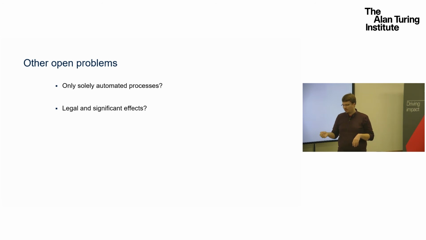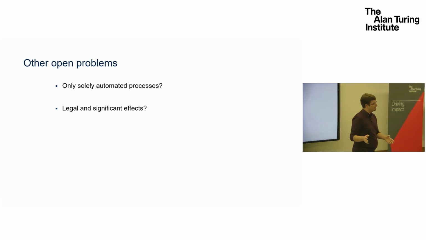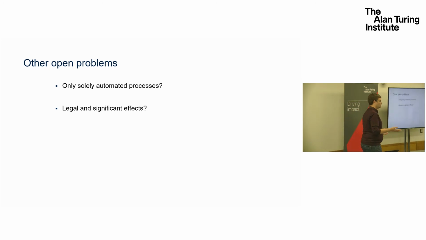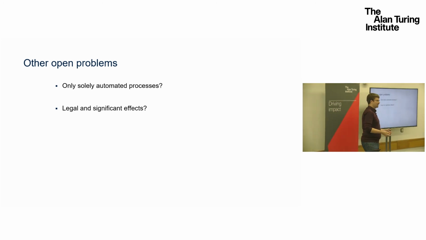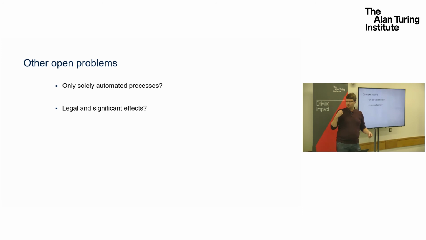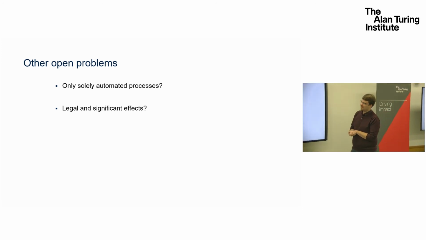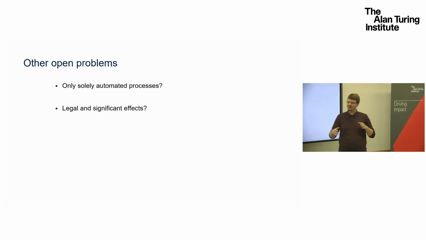So what solely automated could literally mean is that if you have even nominal human involvement at any point in the decision-making process, you lose access to all the rights that I described. You don't have the right to get human intervention, to express your views, to contest the decision. It's literally if there's a human at any stage, even if a recommendation is made by a system, then the ultimate decision to act on that recommendation is made by the human, you lose your rights, or basically it doesn't qualify as automated individual decision making.